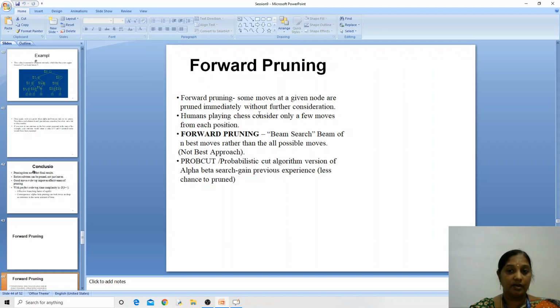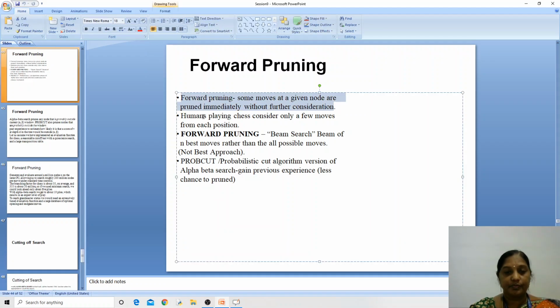Yes, that's what I explained just now. This kind of pruning is called forward pruning, and humans playing chess consider only a few moves from each position, right? So whenever you are playing chess, this may occur. Whenever a move is not necessary, you just stop pursuing that step. That is called forward pruning, right?